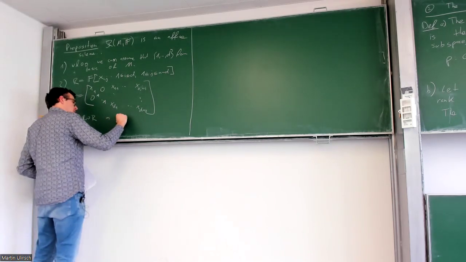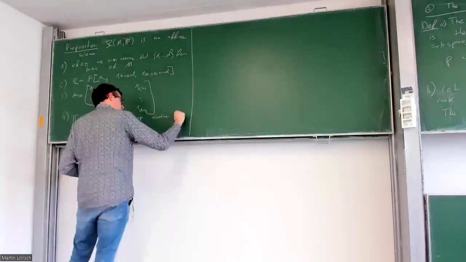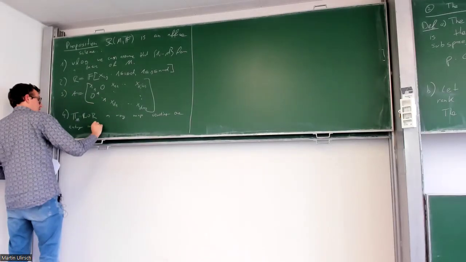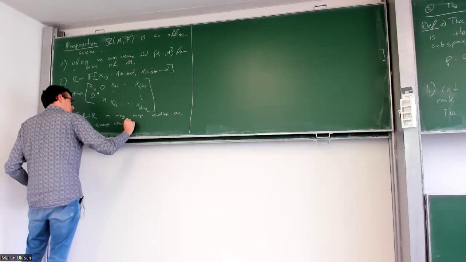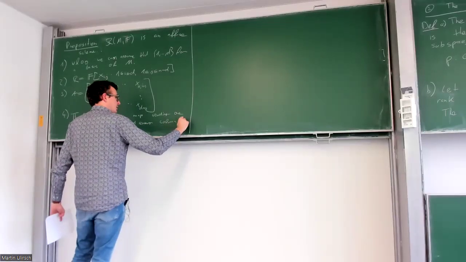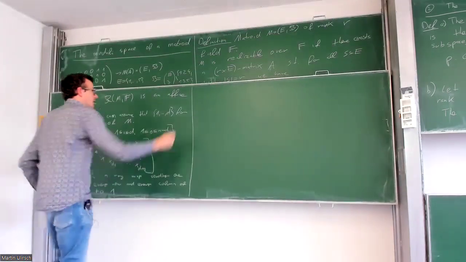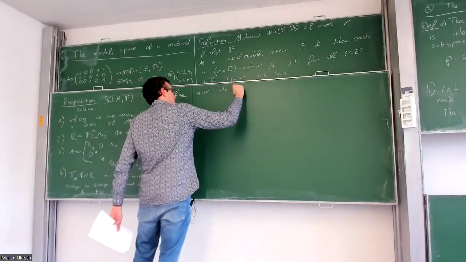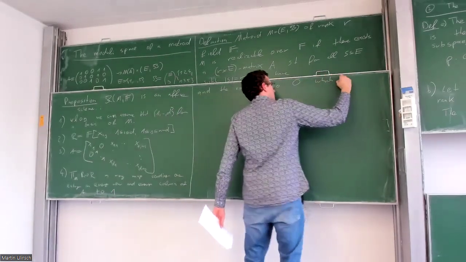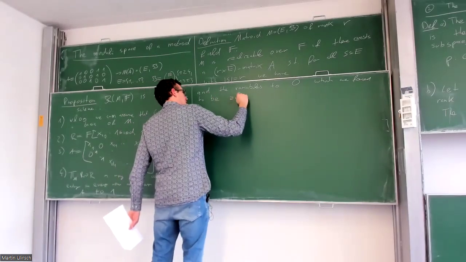This is a ring map sending one entry in every row and every column of A to 1, and also many variables to 0, which are forced to be 0 by the matroid.